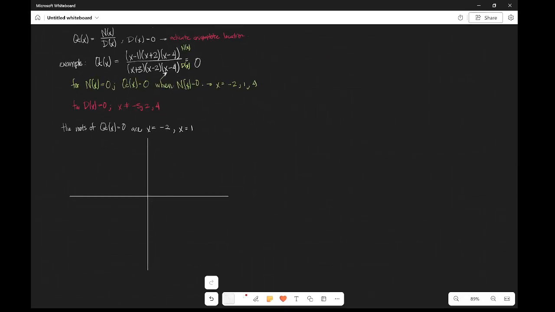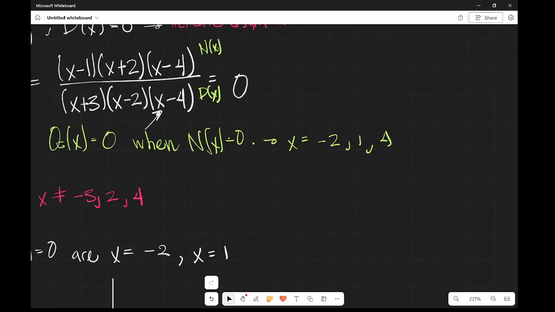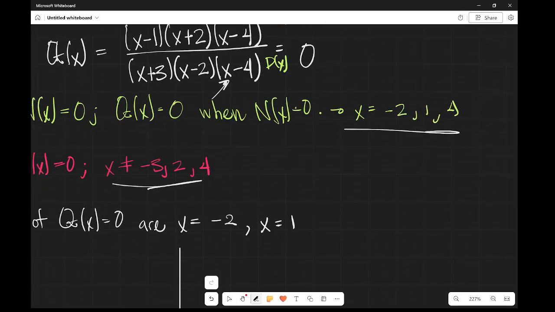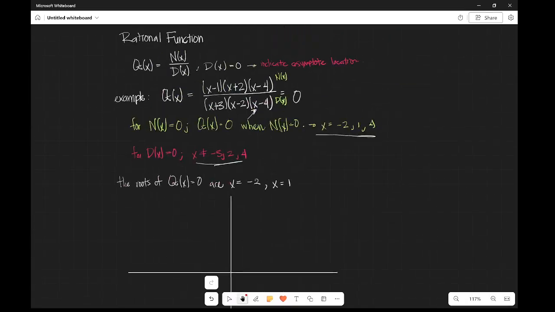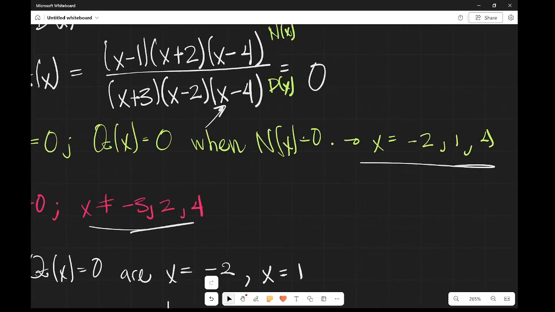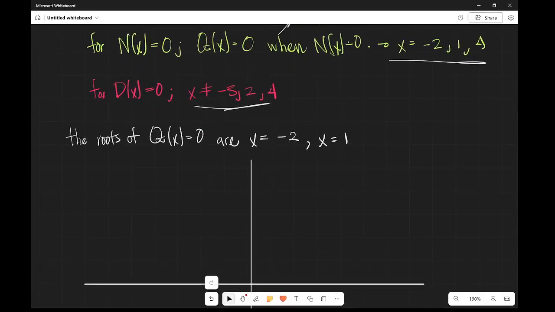I want to test different values. What I'm going to do is pull from these and these. Those are our critical locations that are going to give us the most information. So always start out with the values that you've extracted from getting the zeros of the numerator and the zeros of the denominator.